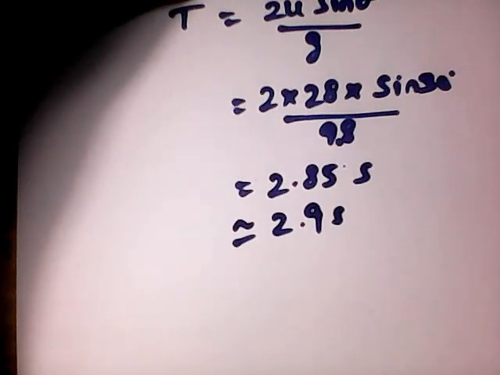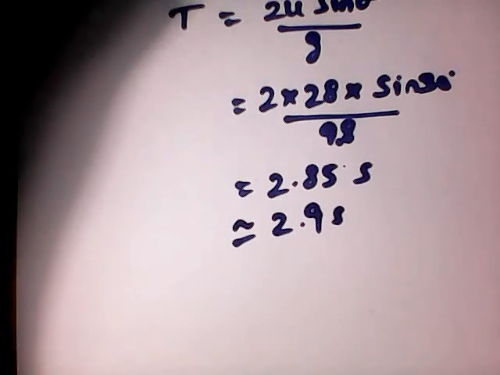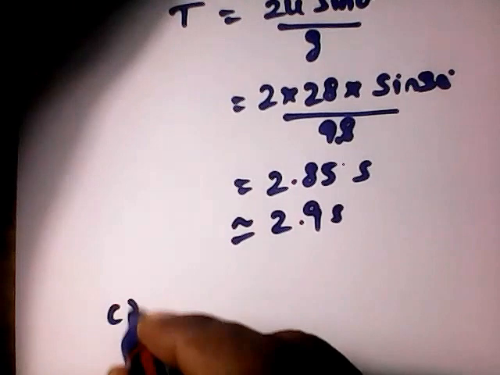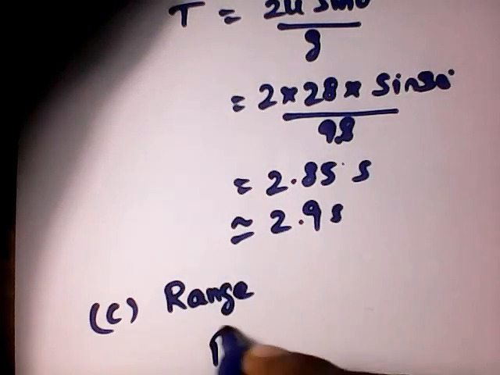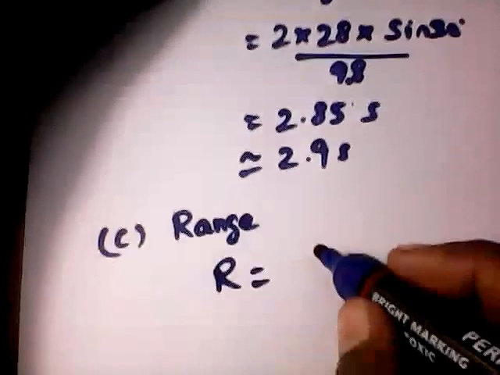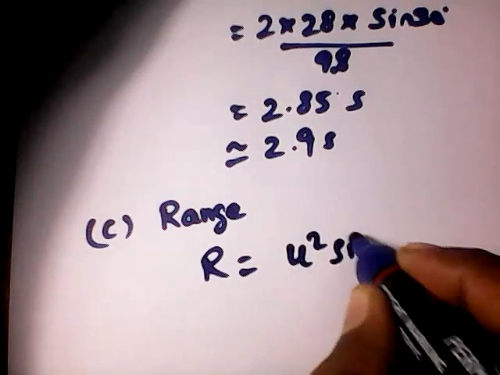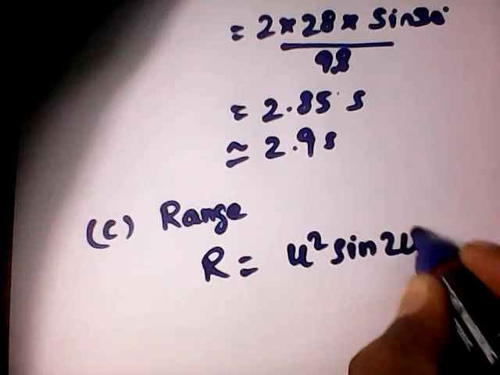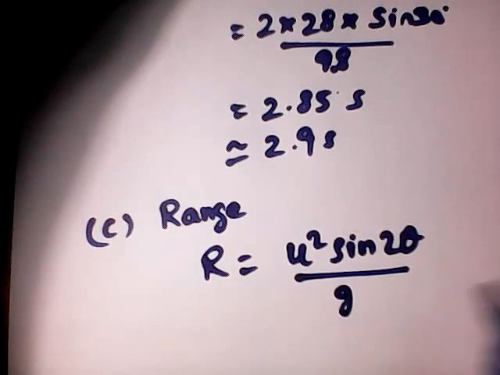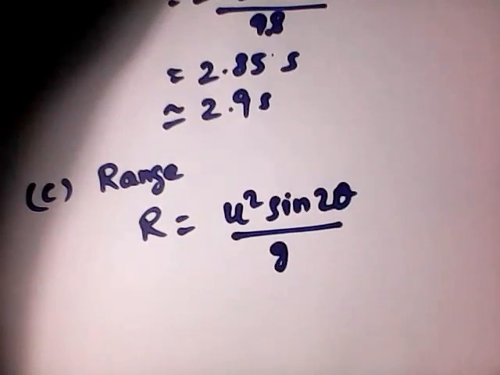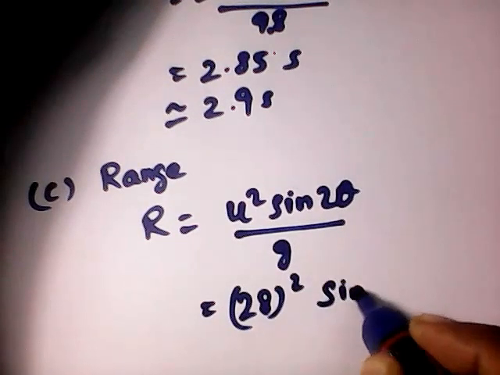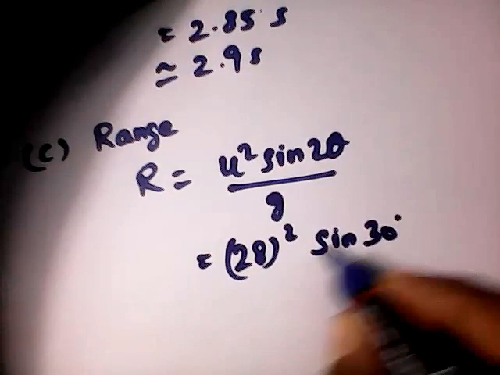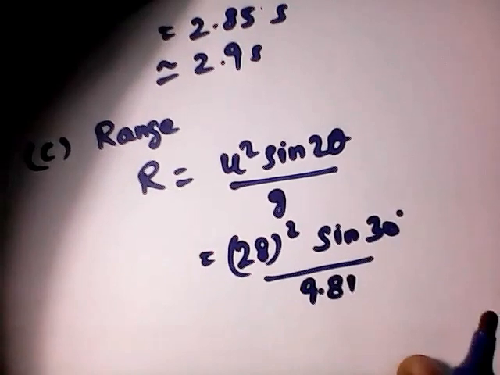Now we will go to the third point, the horizontal distance from the thrower to the point where the ball returns to the same level, that is C. That is nothing but range R. Range R is equal to u square sin 2 theta by g. So the value comes to 28 square sine of 30 degree by 9.8.